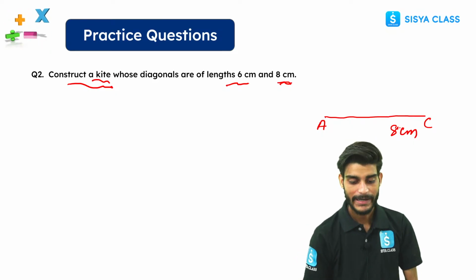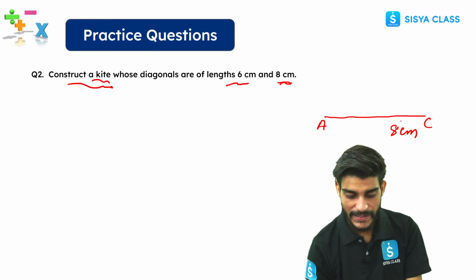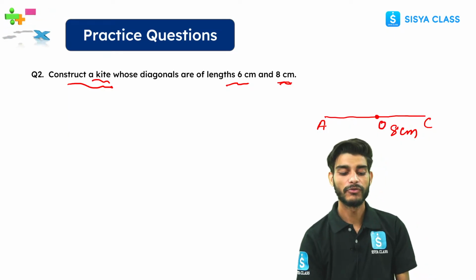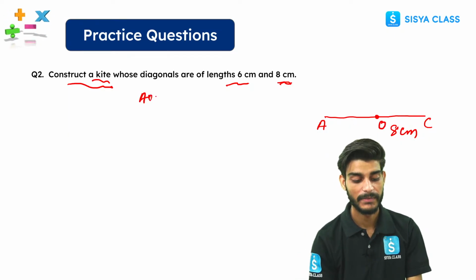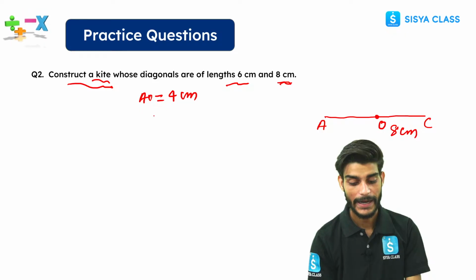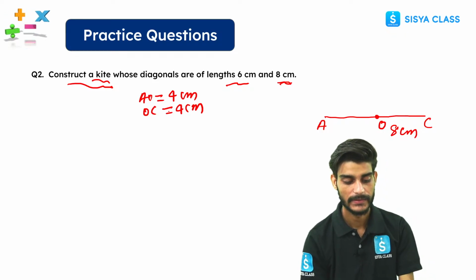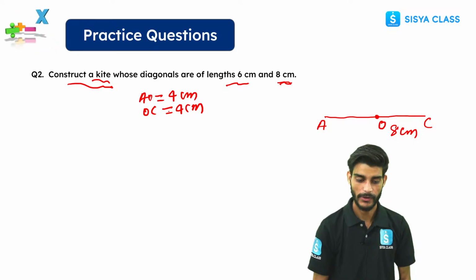Clear? Now make a midpoint of AC. Name it O. So AO will be 4 cm. Obviously AO will be 4 cm and OC will also be 4 cm. Okay, fine.